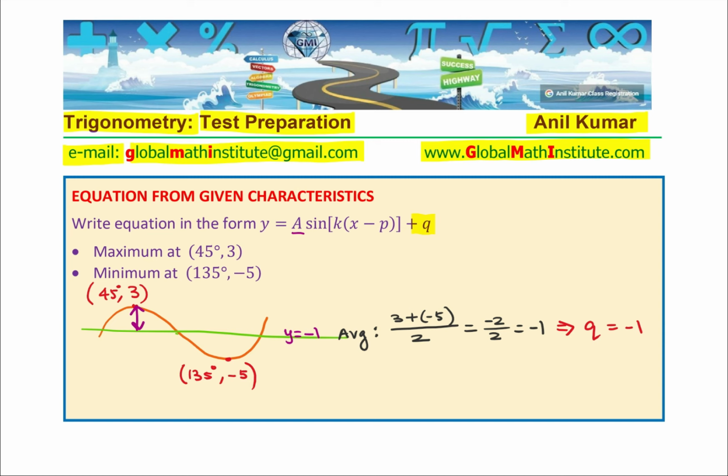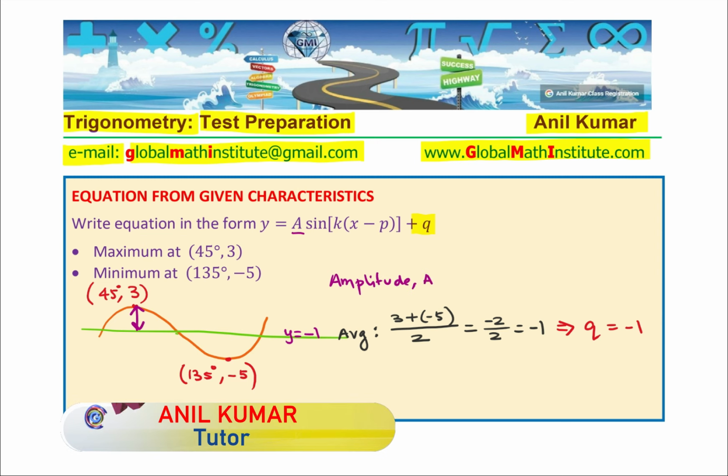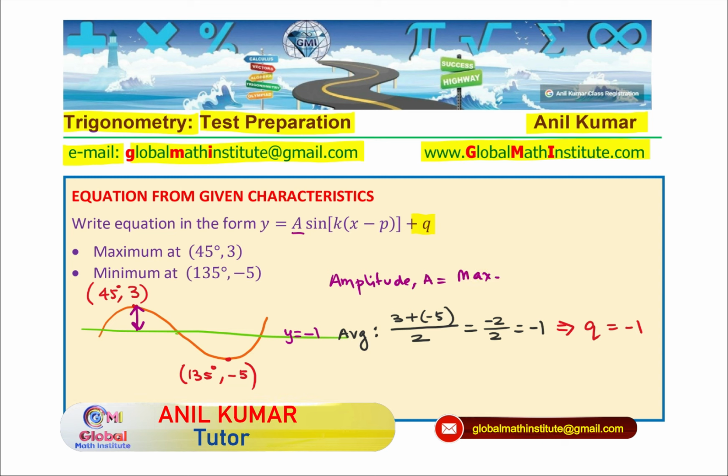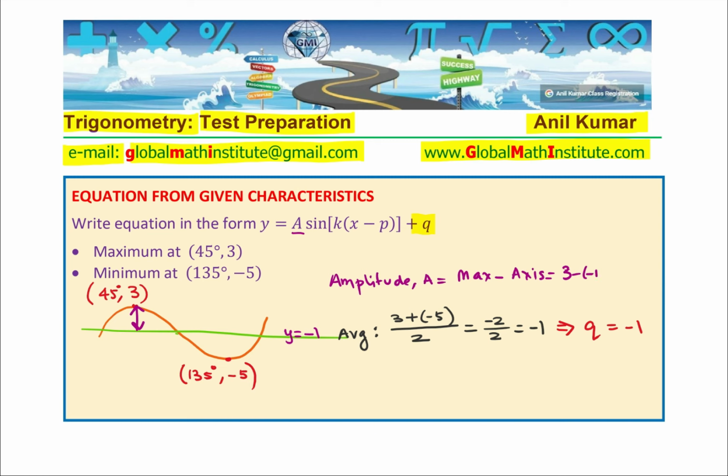So amplitude A is basically the difference of the maximum minus the axis. The maximum is 3 minus minus 1, so we got the value of A as 4, correct? So we have A equals 4.